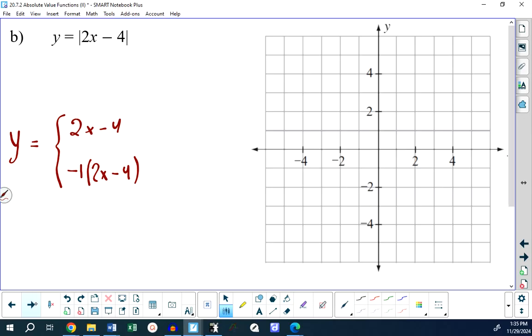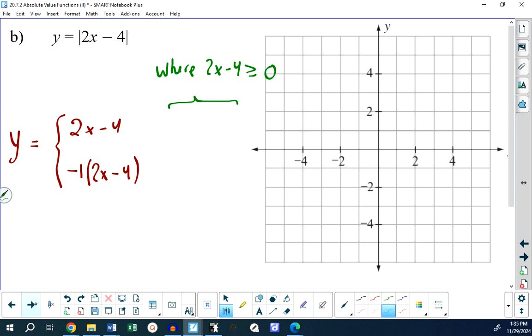The piece where y equals 2x minus 4 is the piece where the absolute value signs are not needed. And this is going to be where 2x minus 4 is greater than or equal to 0.